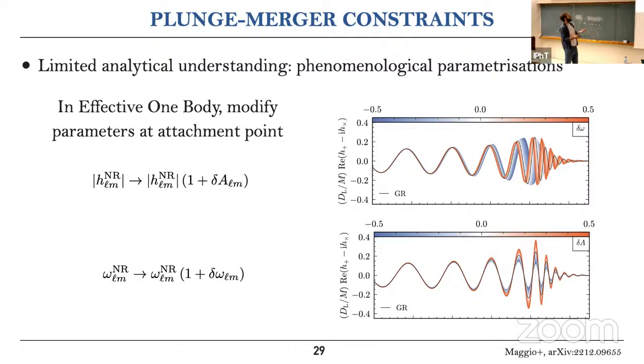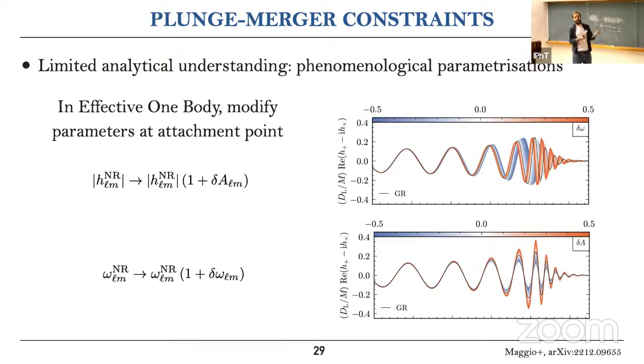What they do in the EOB is that at the peak of the waveform, you have a certain prediction for the amplitude and the frequency. So you take the amplitude of the waveform and parameterize the deviation by 1 plus delta A and 1 plus delta omega. Here I'm showing how the waveform changes when I vary delta omega or delta A. It's still kind of phenomenological.